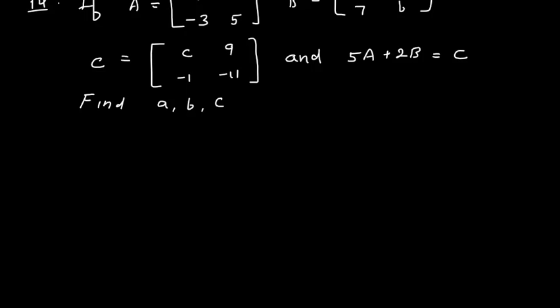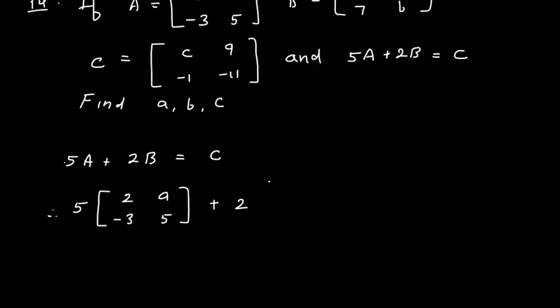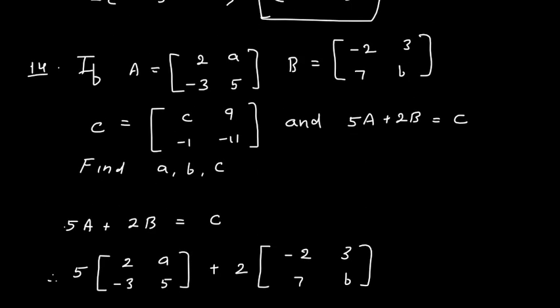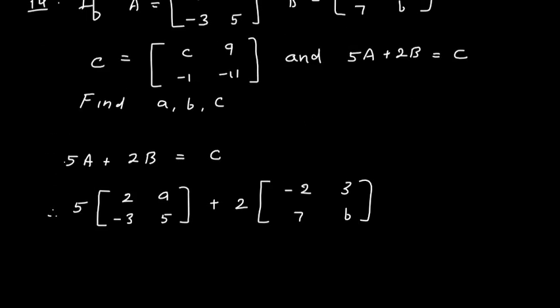So we have given that 5 times matrix A plus 2 times matrix B is equal to matrix C. So therefore 5 times matrix A is [2a -3 5 ...] plus 2 times B, B is [-2 3; 7 b], and the value of C is given as [c 9; -1 -11].